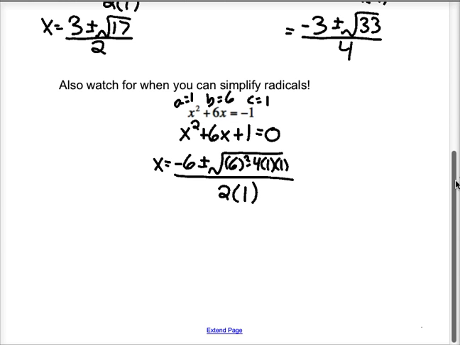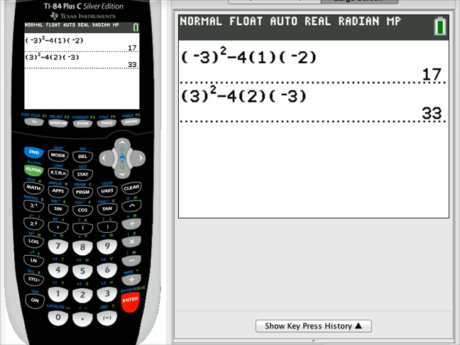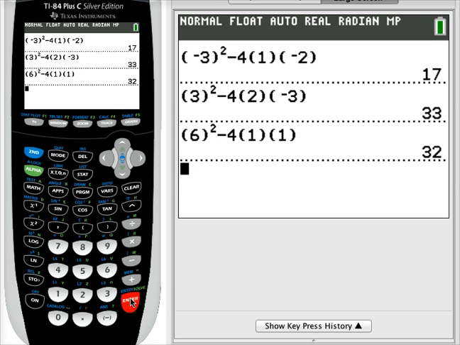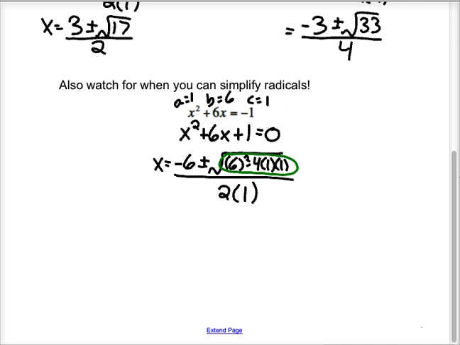So I have everything plugged in. Now I want to clean up that gobbledygook mess inside there. So jump to my calculator. B squared minus 4 times A times C. That's going to give me a 32 inside my square root.